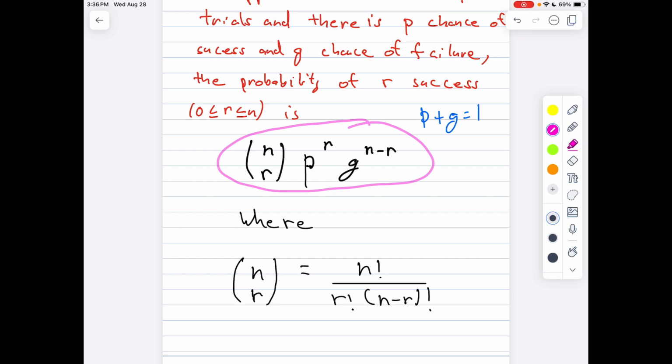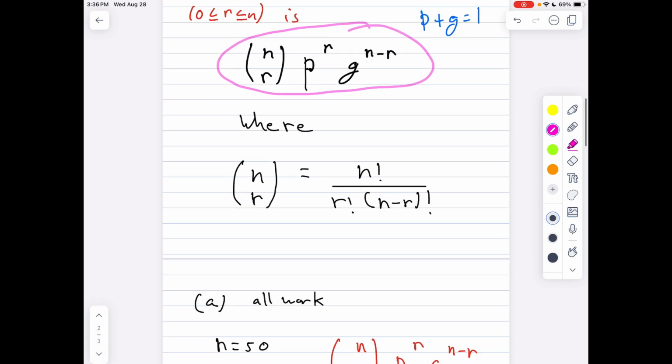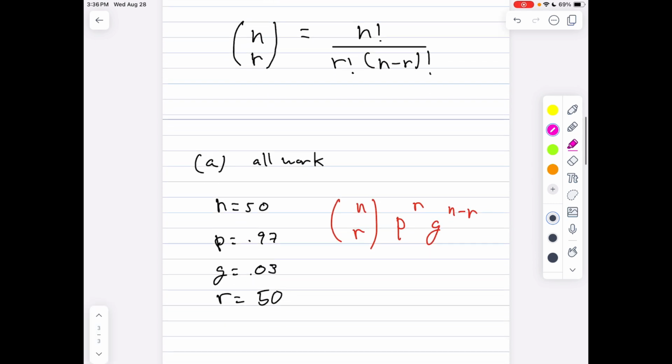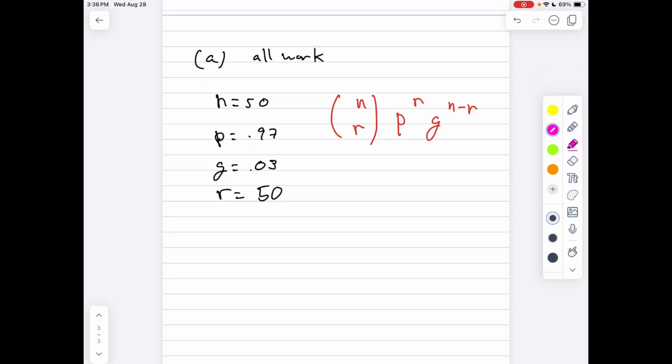Let's go ahead and apply this to the problem we're working with. We were interested in the probability that they all work. So the probability would be given as such: 50 for n, because I have 50 trials here. My success probability is 0.97, or 97%. Q is 0.03, and that's the failure. My r is 50 because I'm interested in choosing 50 devices that are working.